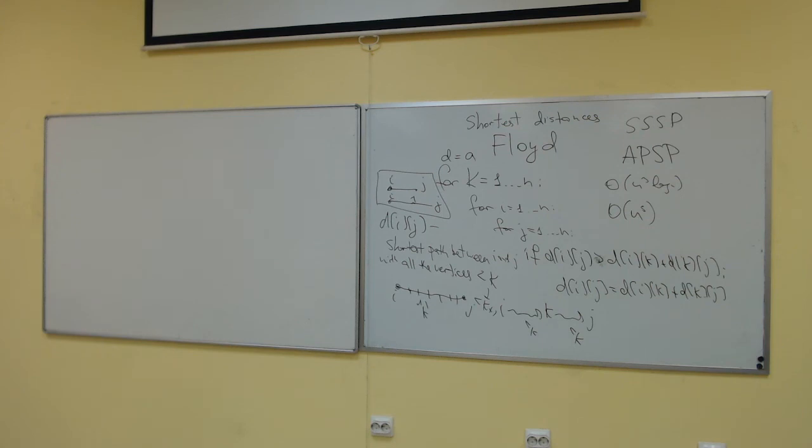Well, in this setup, I guess we could just look at d_ii, for example. Yeah, exactly. We can look at d_ii, and if it is negative, then we have a negative cycle.